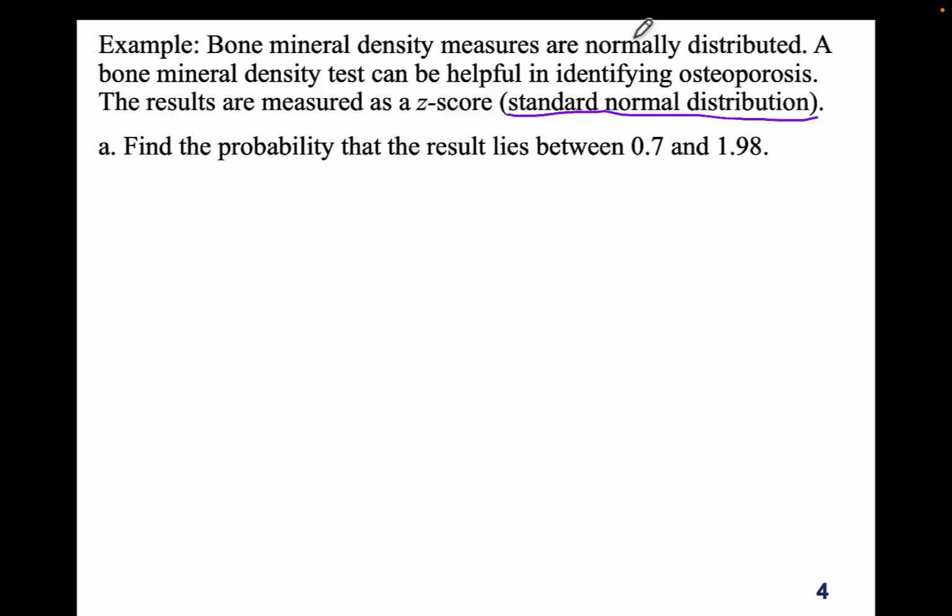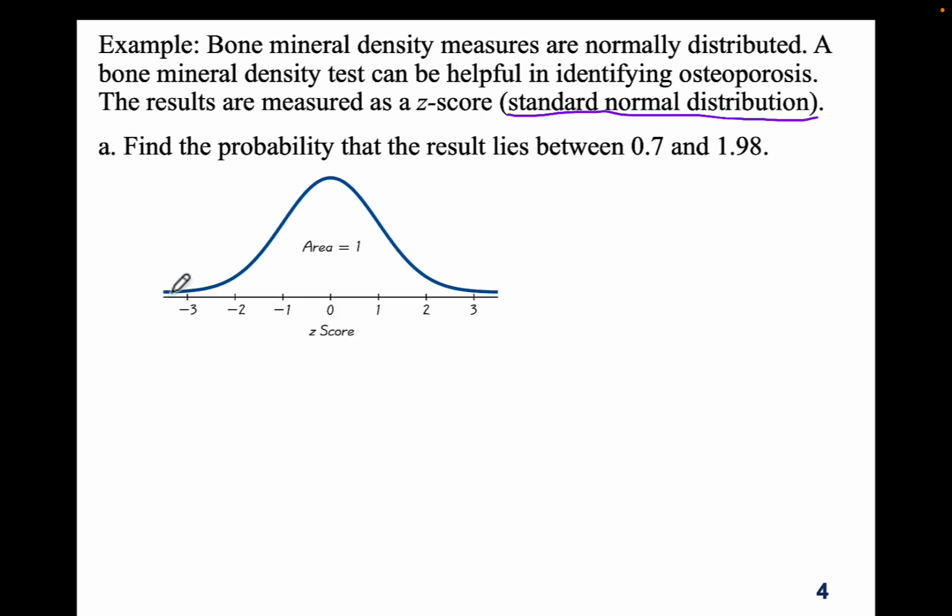Task: find the probability that the result lies between 0.7 and 1.98. Okay, we're going to have a bell-shaped curve. We're asked about between 0.7. It's maybe about, oh, that's negative 0.7, my apologies.